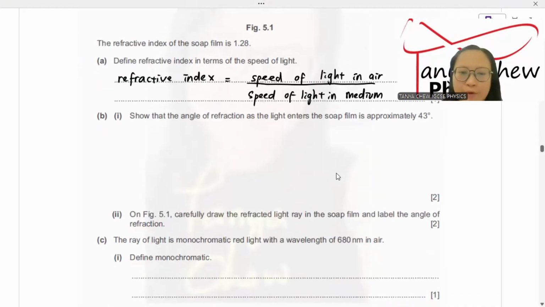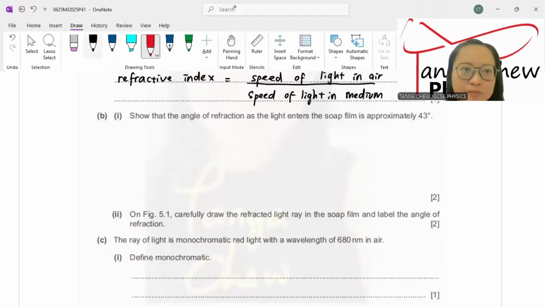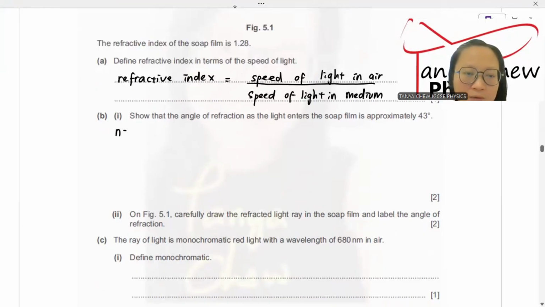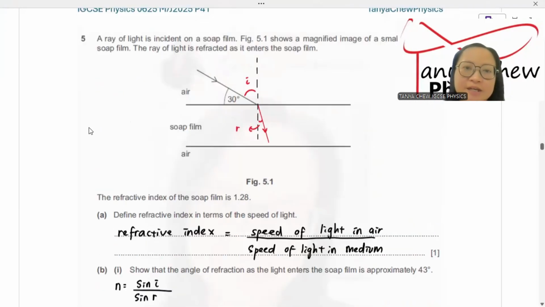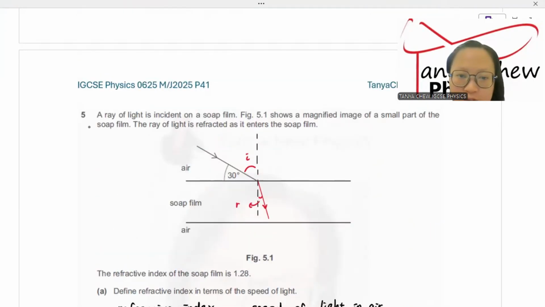When the light ray travels from a less dense medium to a denser medium, refractive index is equal to sine I over sine R. The refractive index of the soap film is given, which is 1.28. Sine of the incident angle. How do you get the incident angle? You have to take 90 degrees minus 30 degrees.